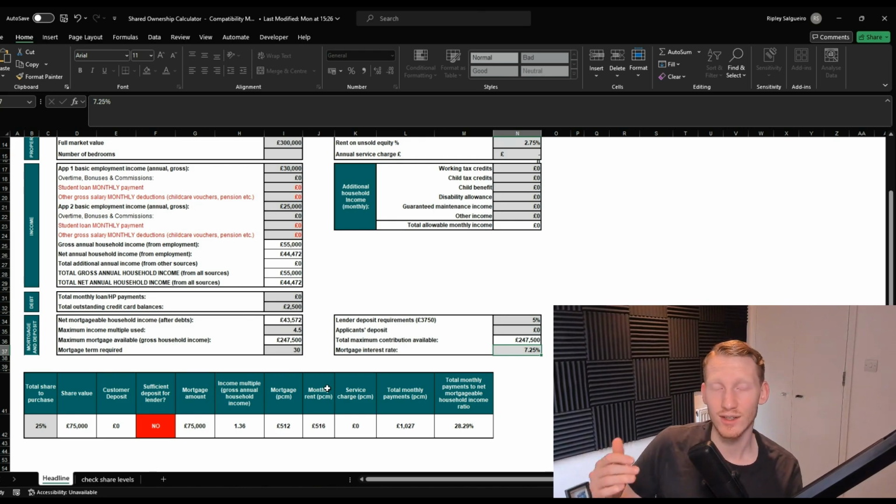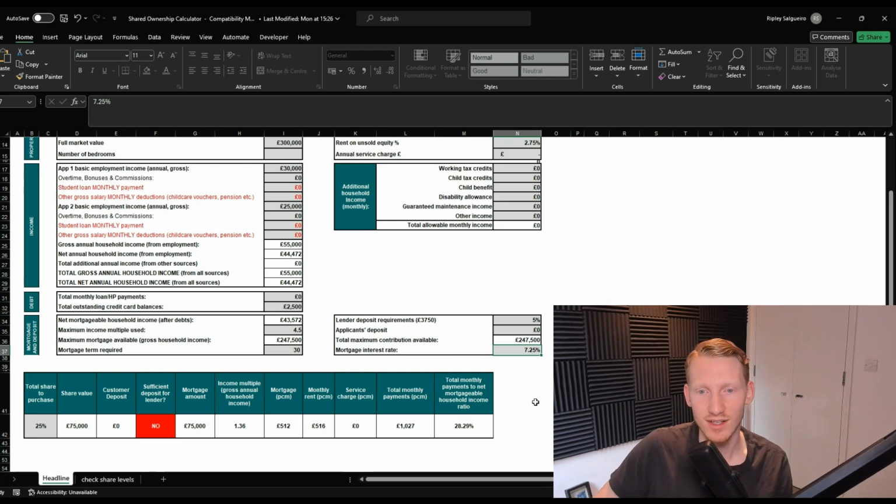Something you could then look at doing is building up your equity, either through savings or overpaying the mortgage. Then in 2 years or 5 years, when you get to the end of this initial fixed rate, we could look to remortgage elsewhere, and because you've built up more equity in the property, hopefully we could get better interest rates if the market is in a position to allow us to do so.